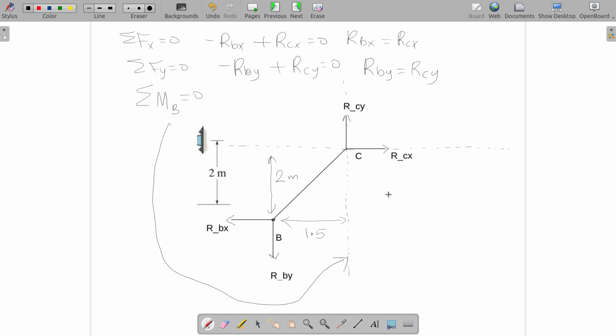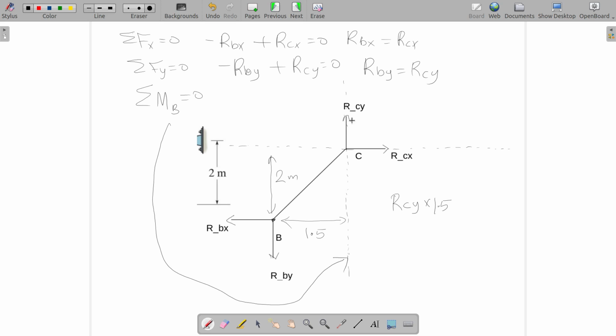Now RCY multiplied by the perpendicular distance between the line of action of RCY and point B. This is the line of action of RCY. So the perpendicular distance between the line of action of RCY and the point B is 1.5, and about B it is causing an anti-clockwise moment.